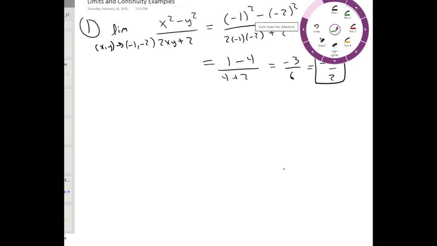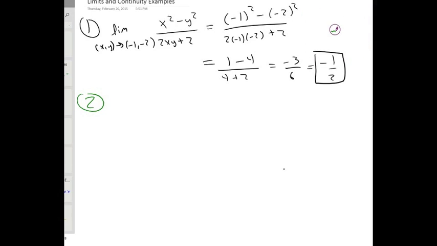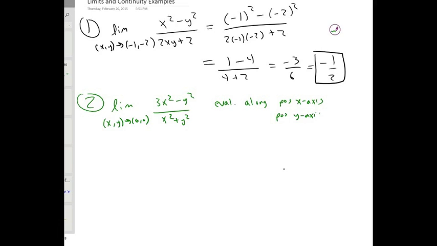So the next example, we're going to show that this is discontinuous, or that this limit does not exist. So we're going to evaluate it along the positive x-axis and positive y-axis.